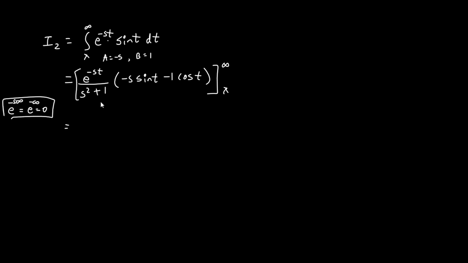So this whole term becomes 0. If we put this upper limit, the whole thing becomes 0, and this 0 multiplies by this, so the first term is 0.